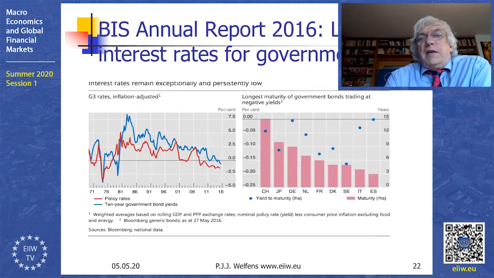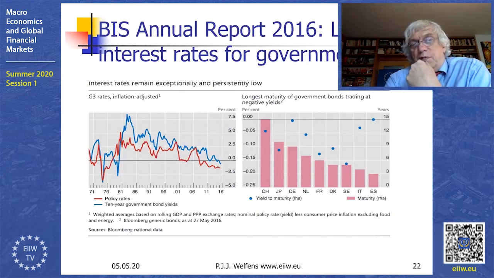So here you have two graphs from the BIS annual report 2016, and again the message is that the policy rates, as you can see, have been declining and are very low in historical perspective, and also the 10-year government bond yields here for the G3.